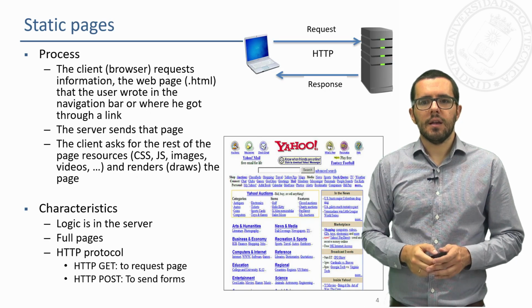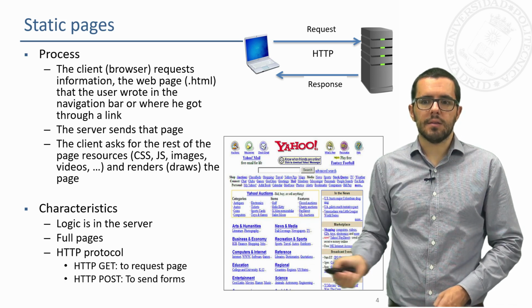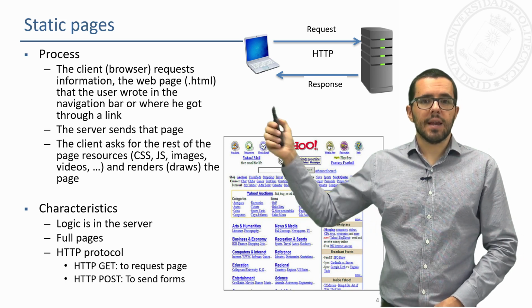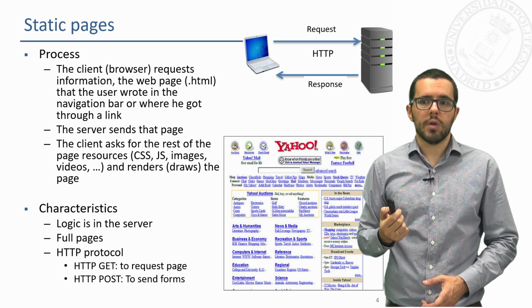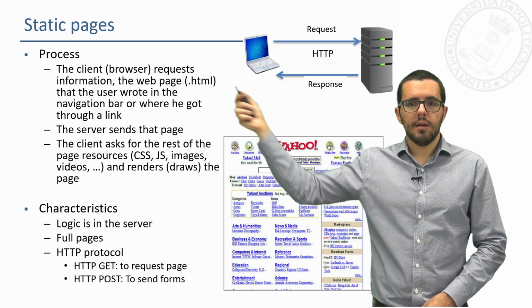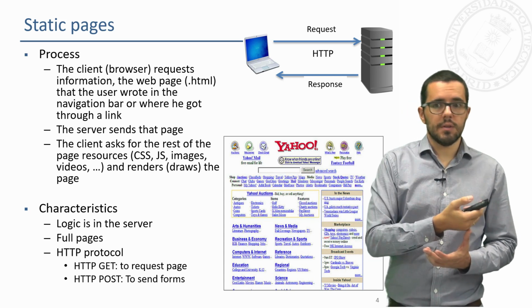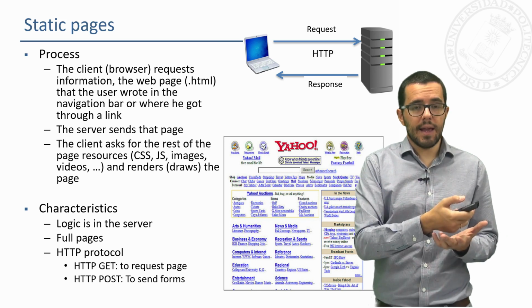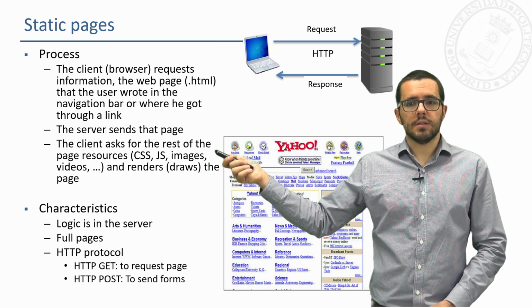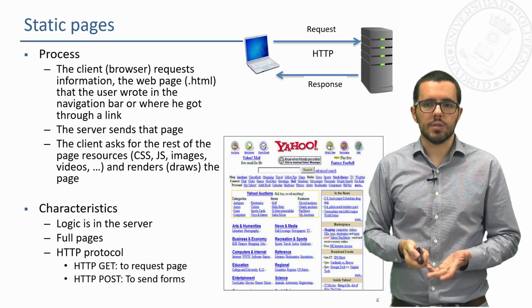Let's see in detail. Static pages are very simple, like this one in the far past, like the Yahoo page. The process is the client asks for the page with HTTP, it gets the first HTML, when the server sends in the response this HTML, the client analyzes it and then asks for the rest of the contents, CSS, JavaScript, images, and the rest of the content.